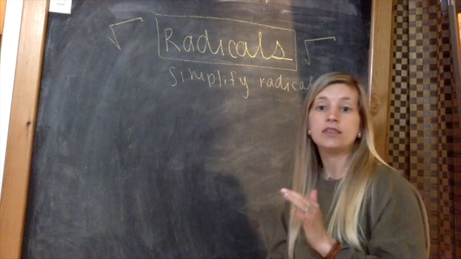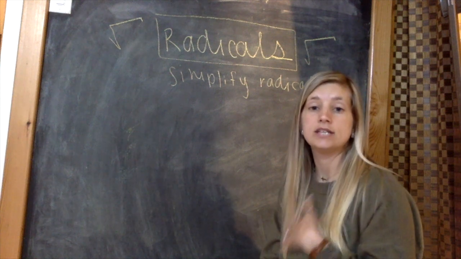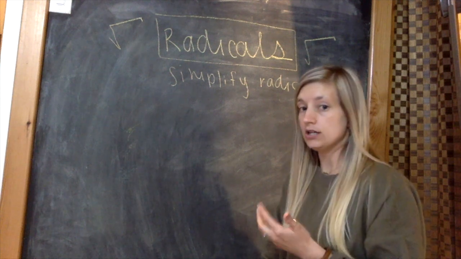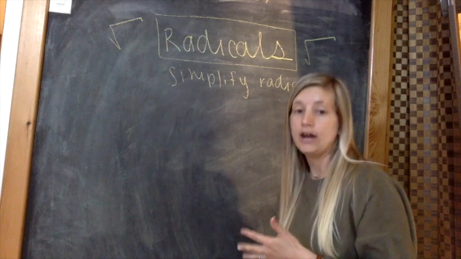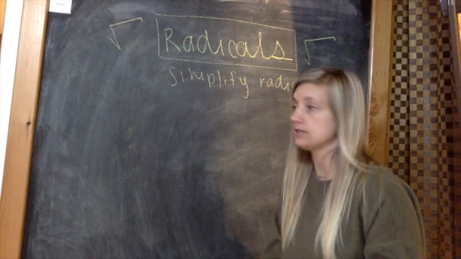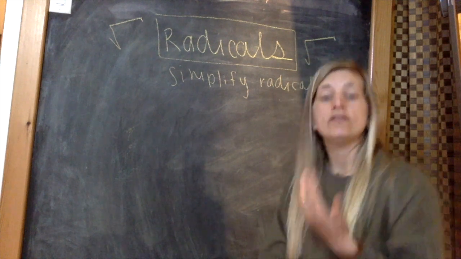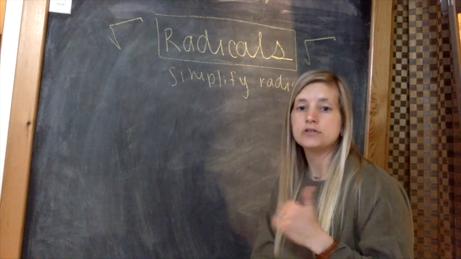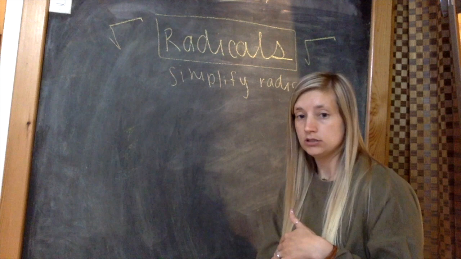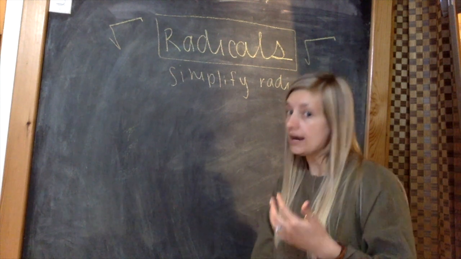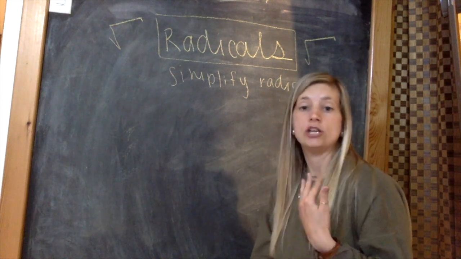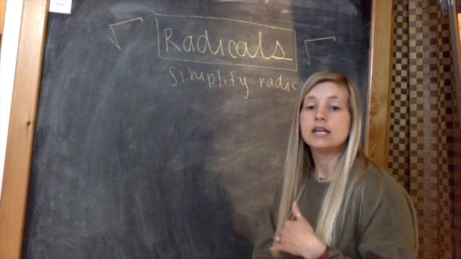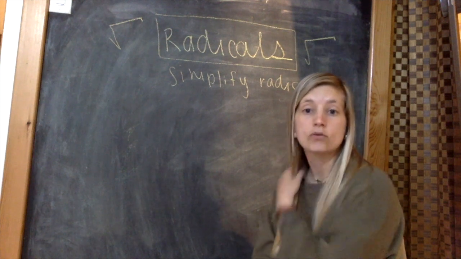Now, the great thing about this lesson is it is going to take us back to that 6th and 7th grade concept of finding the prime factorizations, okay? So if you can find a prime factorization of a number, which means you can find the factor tree, which I know all of you can do, it's the same concept for radicals.